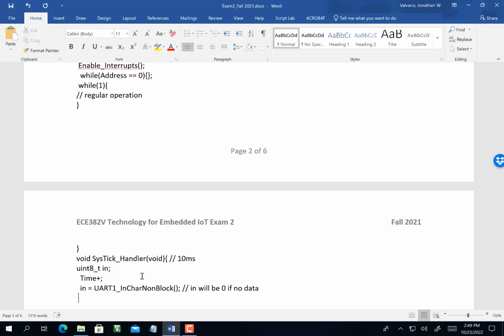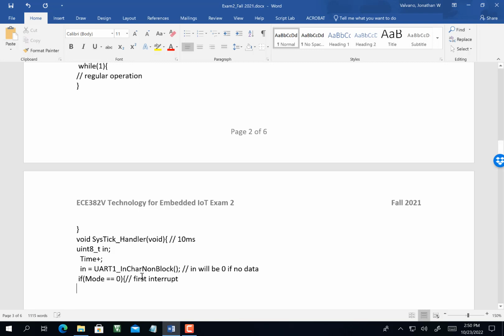I use a mode variable here to go through the various modes. Mode equals 0 means this is the first time it started up. This is the first interrupt, the absolute first interrupt. And my presumption is, hey, I'm master. Give it to me. So I'm going to pick a code that's not an address, and I don't care what code you choose.